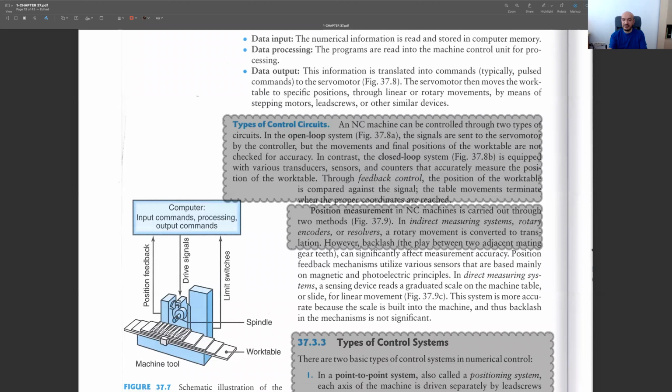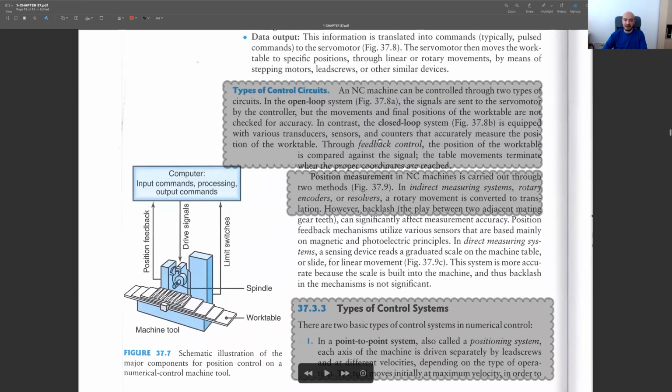And if there is an error between the desired position and the actual position, then the controller will perform some computation, and at the end of maybe a second or third iteration, our axis will be at the exact position. This is sometimes called feedback control.